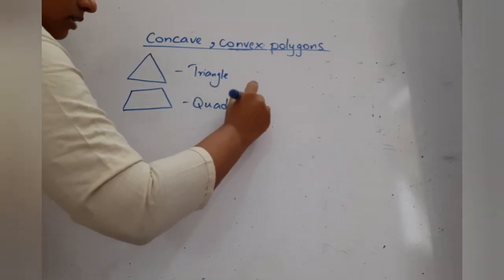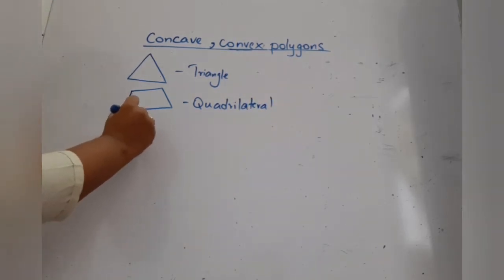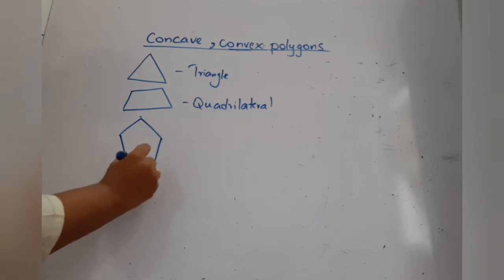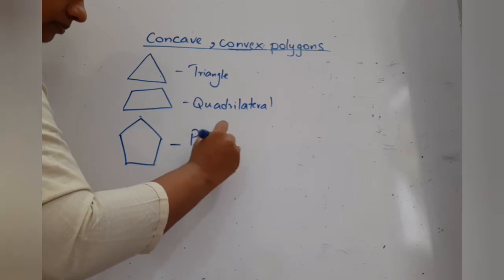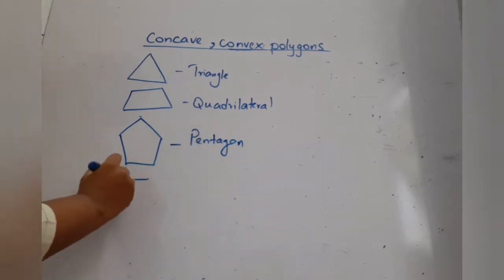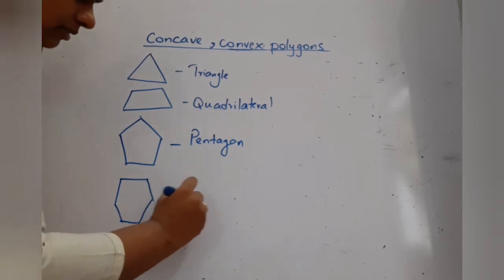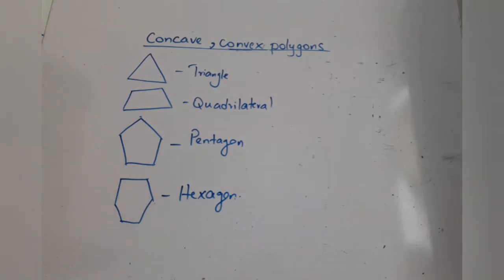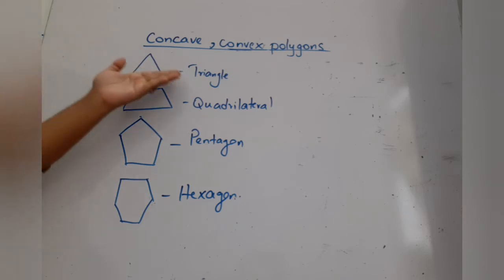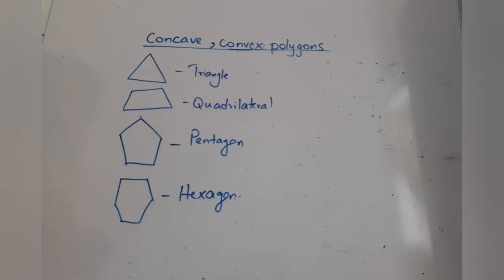The polygon which has 5 sides is known as a pentagon, and with 6 sides it's known as a hexagon. You might know this. There are some other names as well, so you can search for them. These are the special names given to polygons based on the number of sides of each polygon.